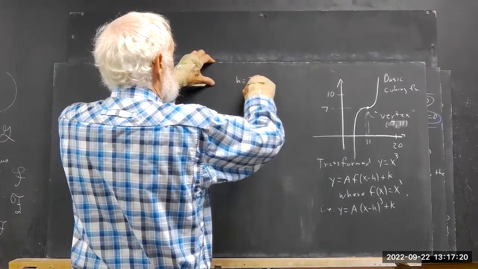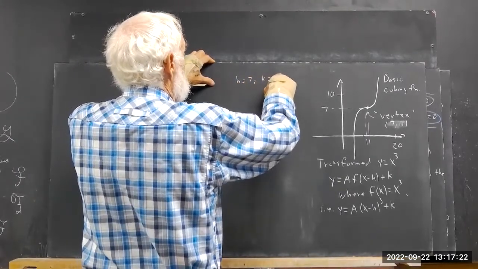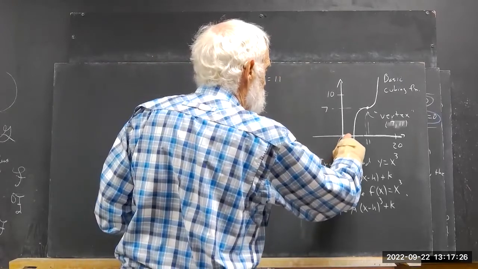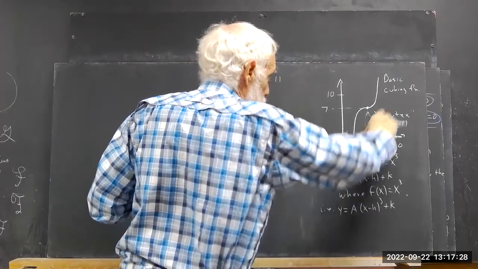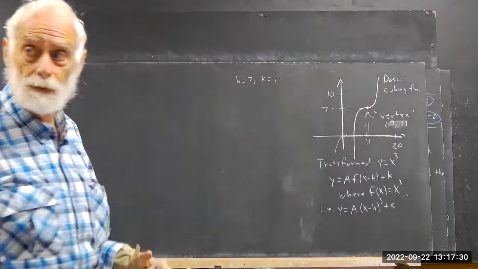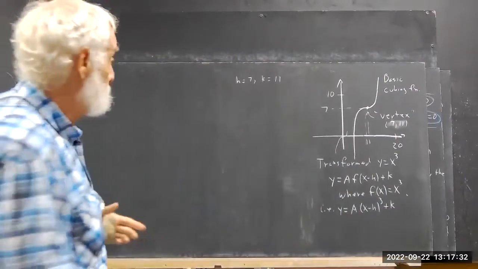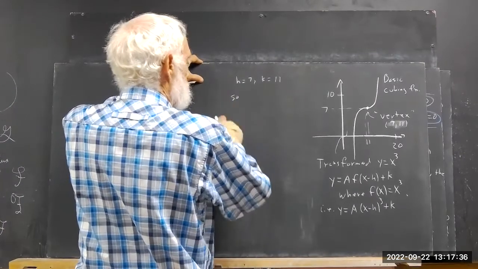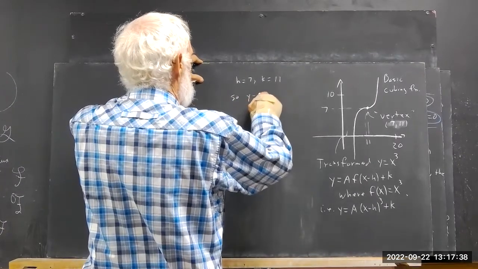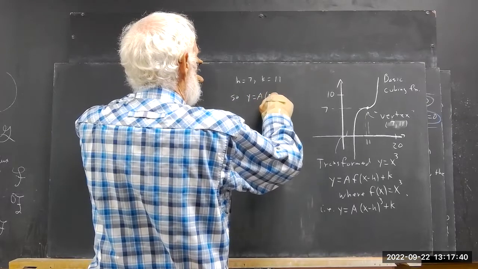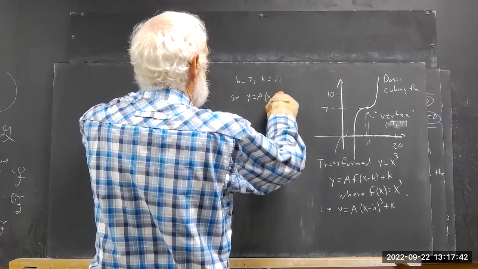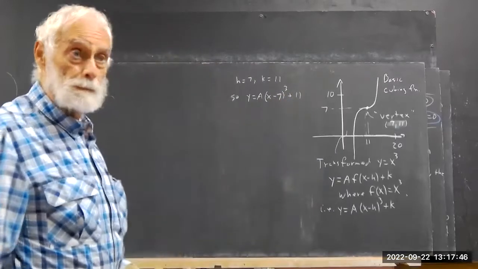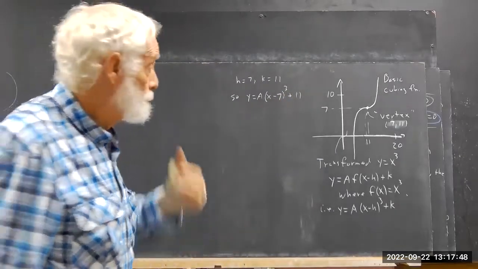Okay. Now, y equals a times the quantity x minus h cubed plus k. What's h? 7. K equals 11 because your basic function is down here and this function is shifted, stretched, compressed. Okay. So we estimate a point.